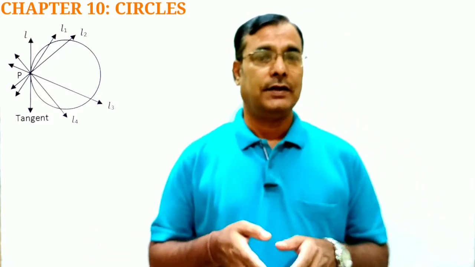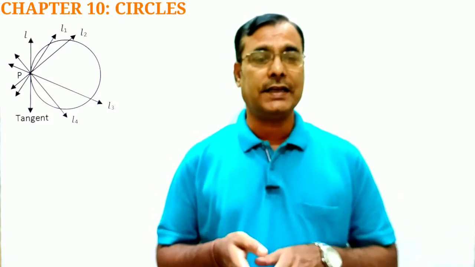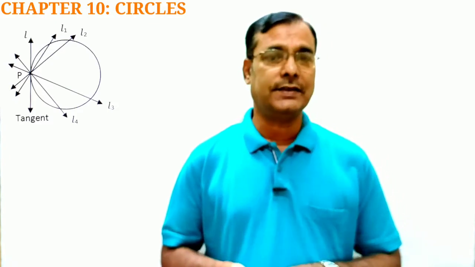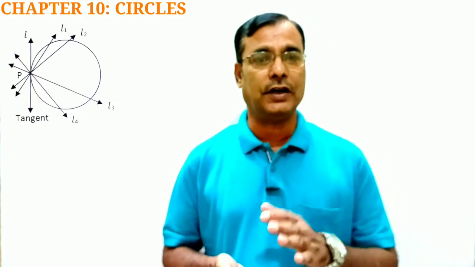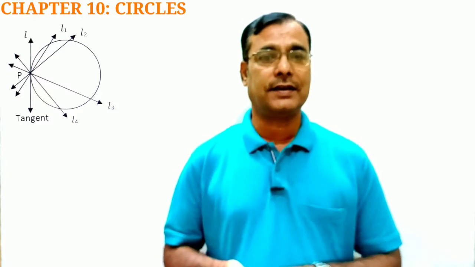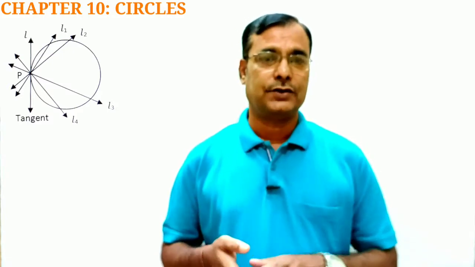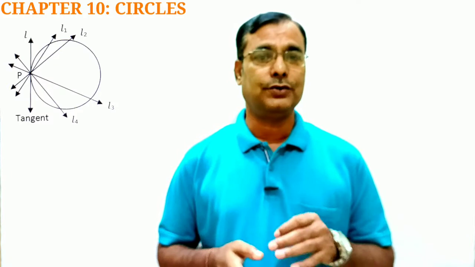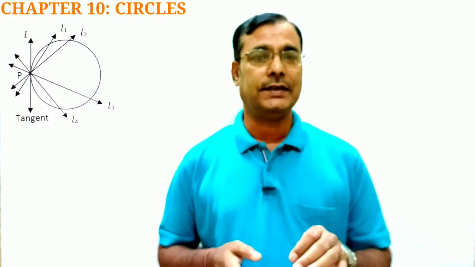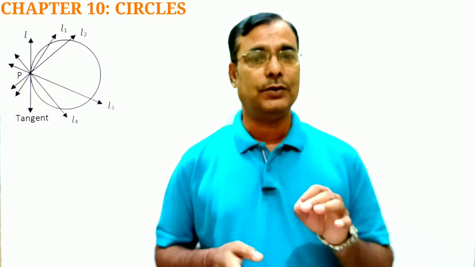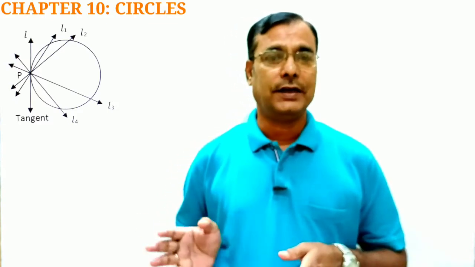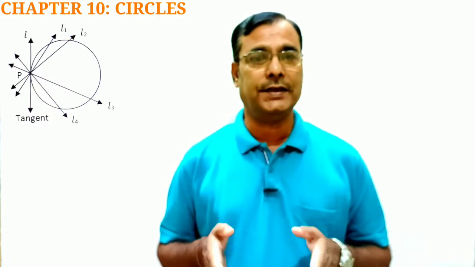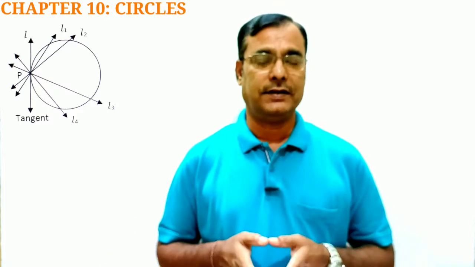Only straight line L intersects the circle at point P. All other straight lines passing through point P, which is on the circle, intersect the circle at two distinct points, so they are secants to the circle.